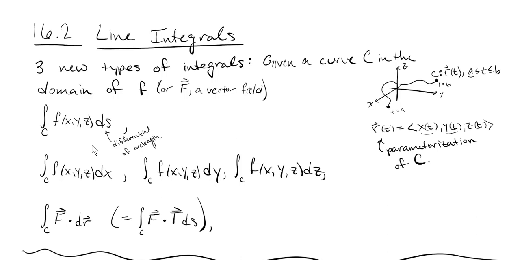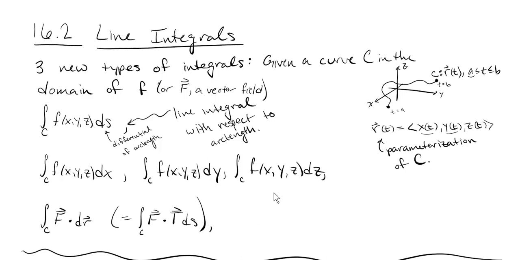That ds was the differential of arc length. So let's just label that. This is called a line integral with respect to arc length. So we'll see what that means.